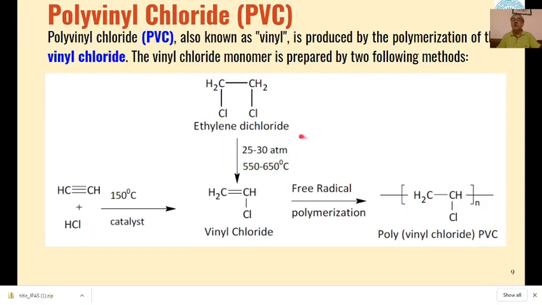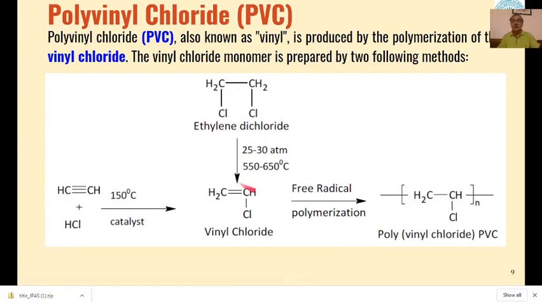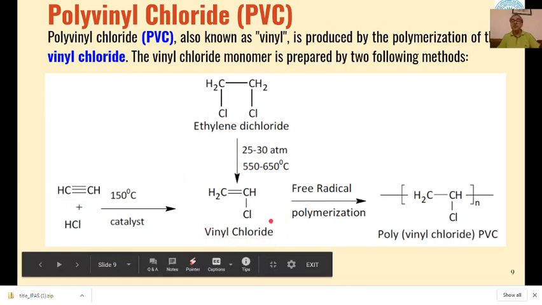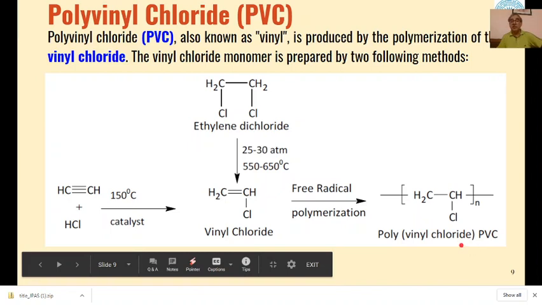The pressure is of the order of 25 to 30 atmospheres and the temperature of the order of 550 to 650 degrees centigrade. Dehydrohalogenation takes place and we get vinyl chloride as the product. The first reaction is an addition reaction, and this one is a dehydrohalogenation reaction. But both reactions give us the monomer vinyl chloride, which can undergo free radical polymerization to give us polyvinyl chloride. So this is how we can manufacture polyvinyl chloride, or vinyl, from vinyl chloride.